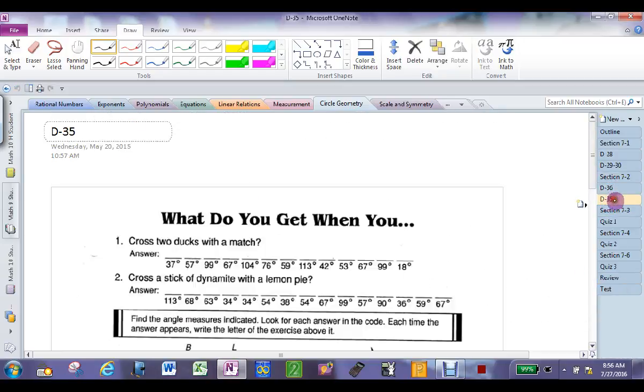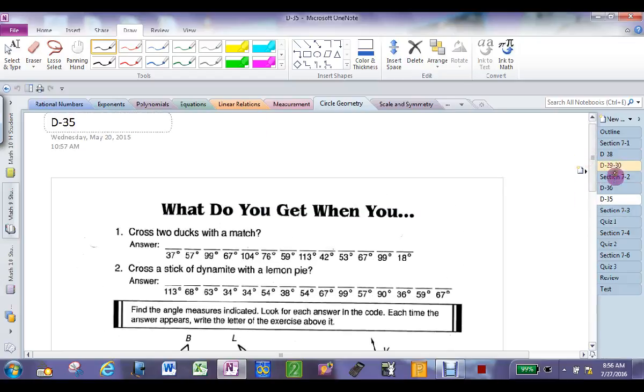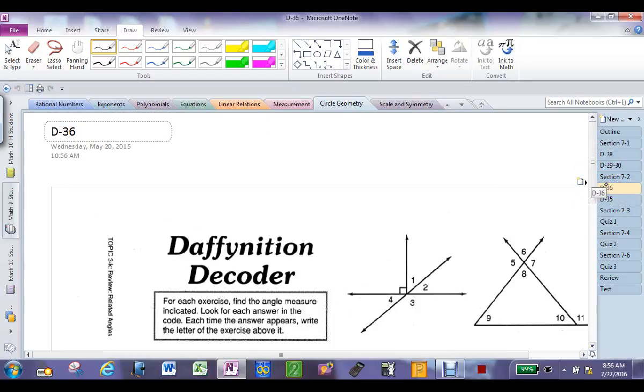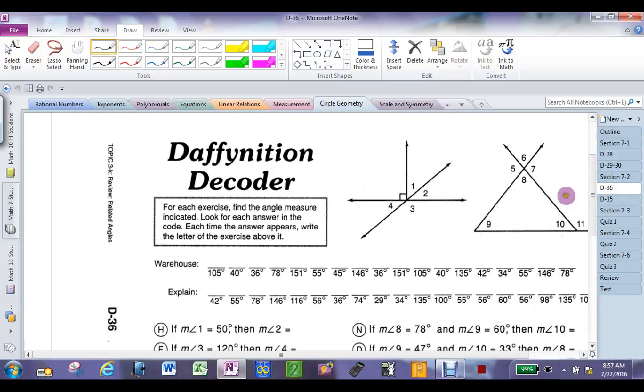The definition decoder, and what do you get when? Okay? Now, listen to me closely, please, ladies and gentlemen. Do not use protractors. This is all done mathematically using these two drawings, okay? I'm going to show you how right now.